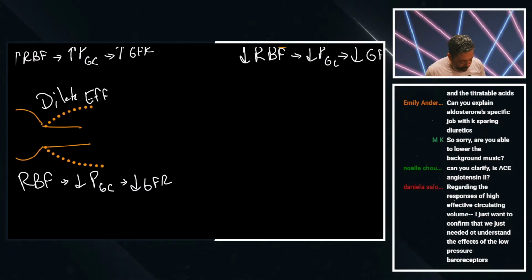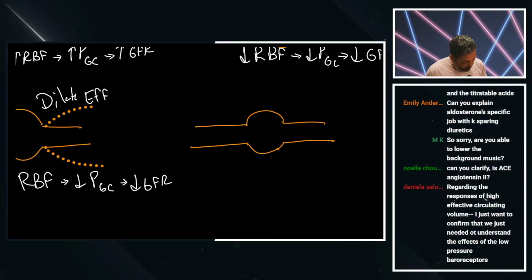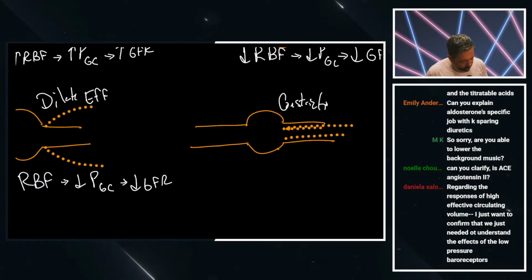Now, let's set up again. And now we are going to have the efferents constricted a bit. Okay, so we have constriction of the efferents. So the exit is now blocked.